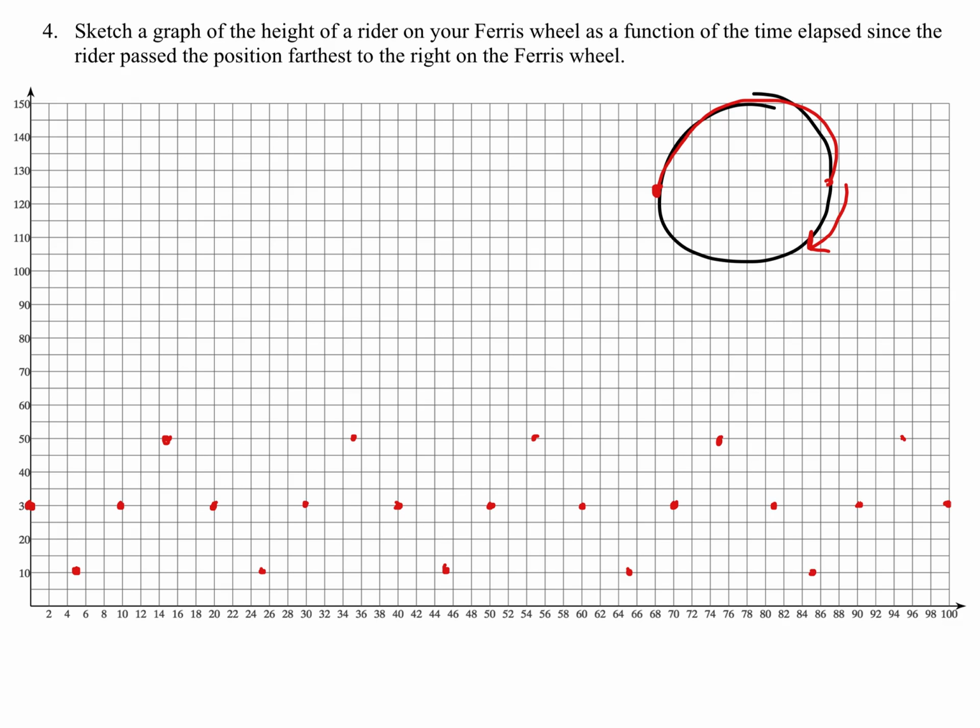And then when I connect it, I want to make sure I do it smooth. Don't just do straight lines, because a circle does not just do straight lines from the highest point to the lowest point. It's a smooth transition. And try to connect the dots as best as you can.